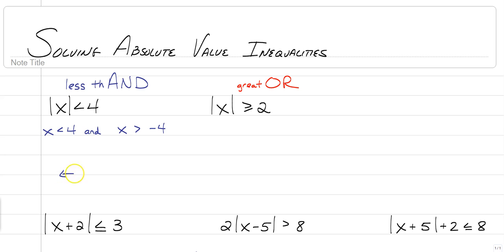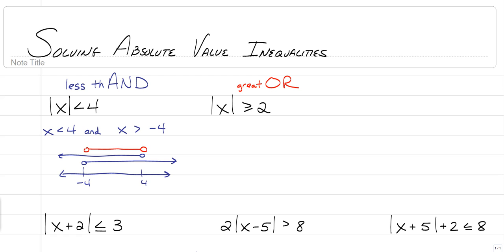And then when you go and graph it just like we did, we have our -4 and our +4. x has to be greater than -4. x has to be less than +4. And since this is an "and" statement, it's only when it satisfies both of them. And you are good to go.